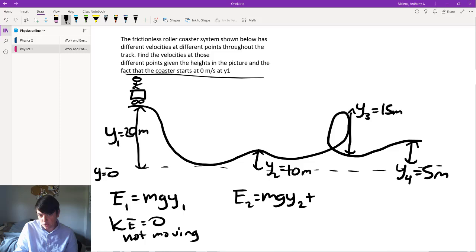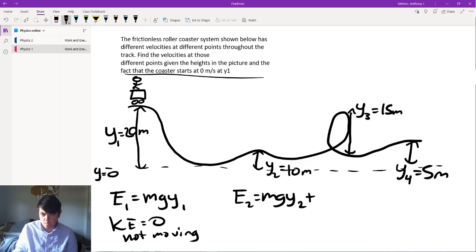If it's moving down, it will have a velocity by the time it gets here, here, and here. It will have a velocity beneath 20 meters. If it's 20 meters high again, it will not, because it's using all of its energy to be that high, because this is the only energy in the system.